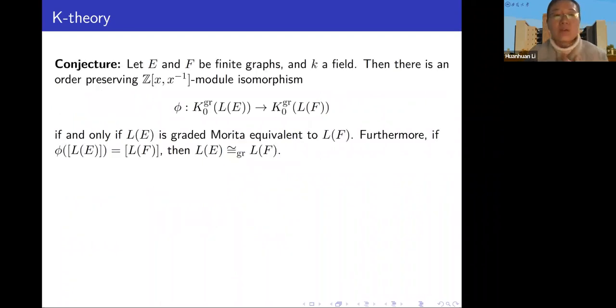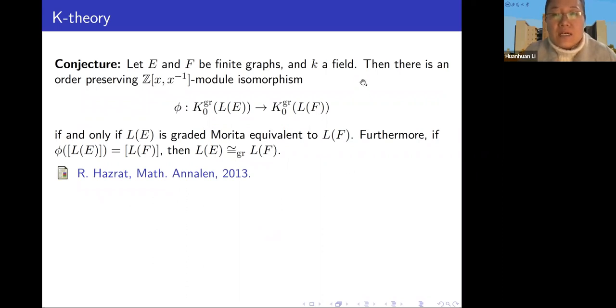So actually Hazrat has this conjecture that a module isomorphism for the graded Grothendieck groups of two Leavitt path algebras might be an invariant for Leavitt path algebras. More precisely, suppose we have a module isomorphism for these two graded Grothendieck groups.